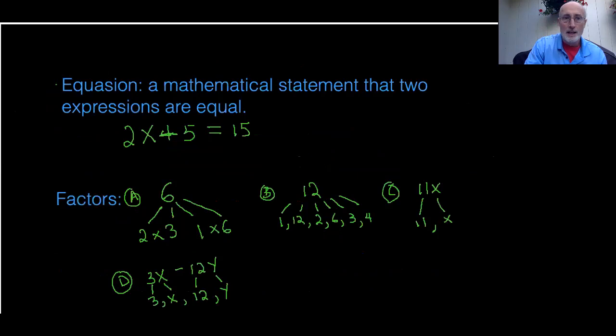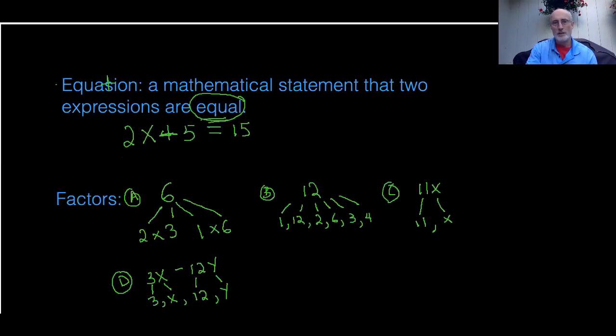Now, an equation, all right. I think I spelled it wrong, by the way. This should be a T here. Equation. It's a mathematical statement that two expressions are equal. Okay, two expressions are equal. So that's the key thing here, this word equal.